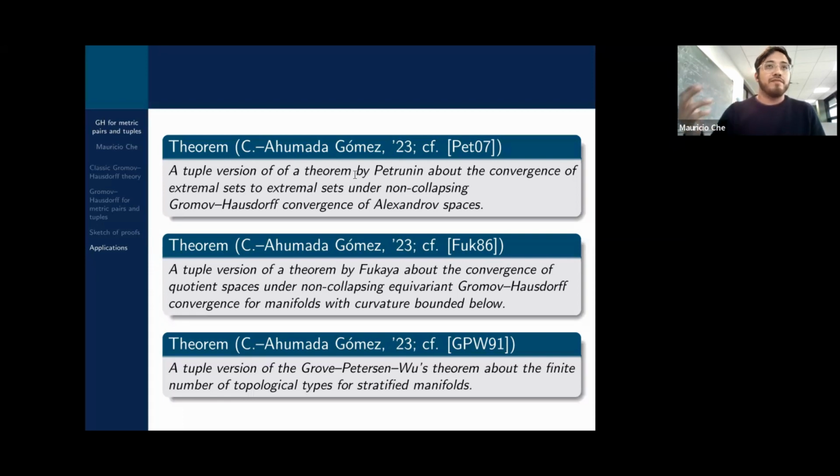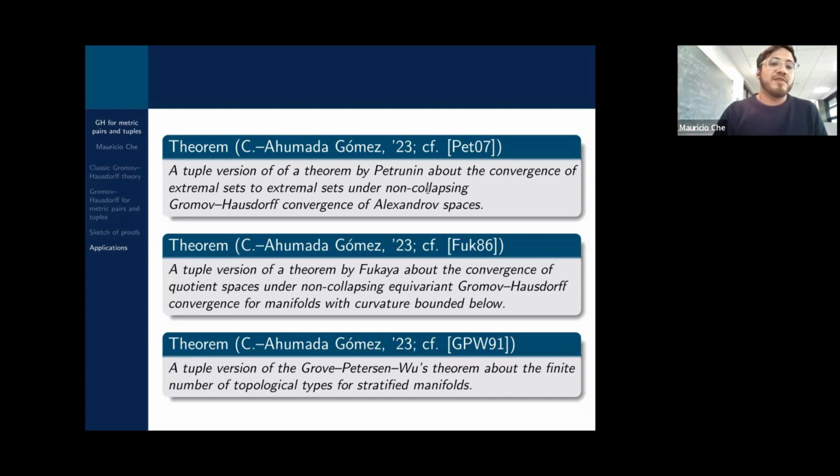There is this theorem by Petrunin that if we have a sequence of Alexandrov spaces that converges to an Alexandrov space and is a non-collapsing sequence, and if we take extremal sets on each element of the sequence, then if these extremal sets converge to some subset of the limit, that subset is also an extremal set.